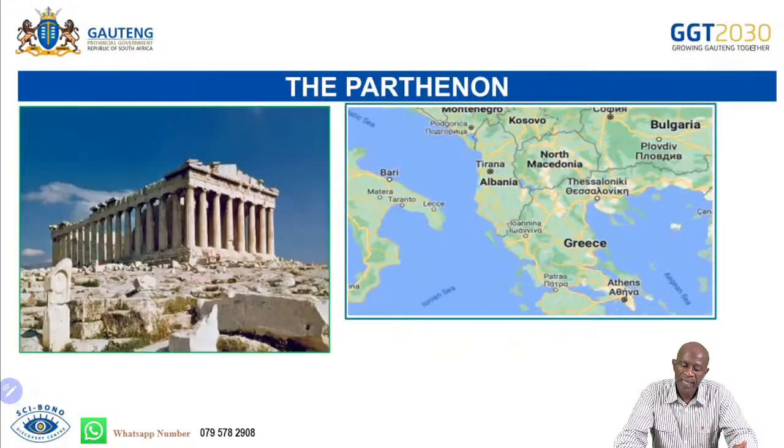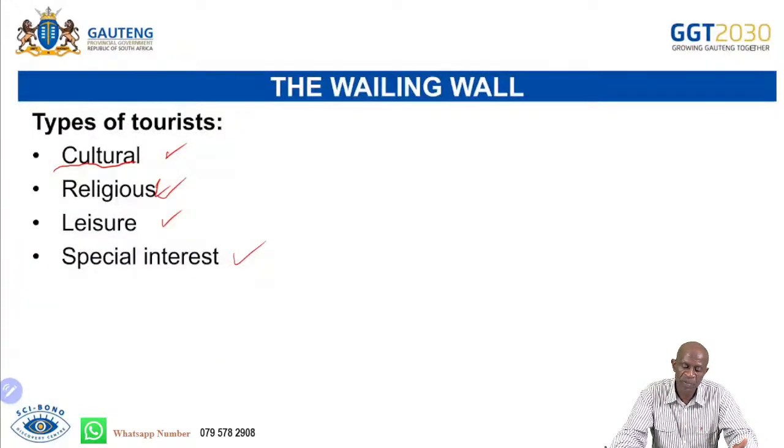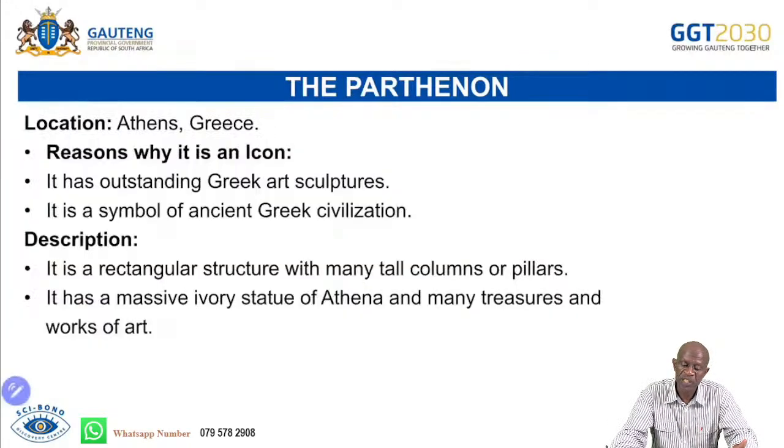So another attraction is the Parthenon, and this is the structure and the picture, and this is the map showing where the Parthenon is, and we said it is in Greece, which is in Europe. The Parthenon location is in the city of Athens, and the name of the country is Greece.